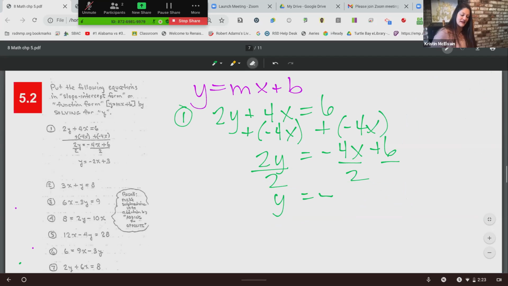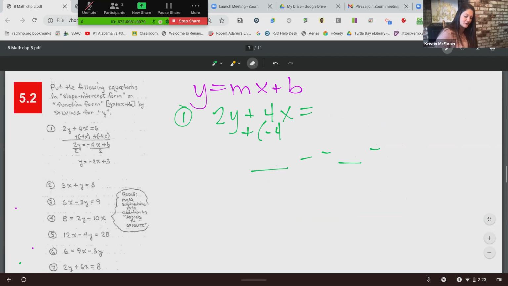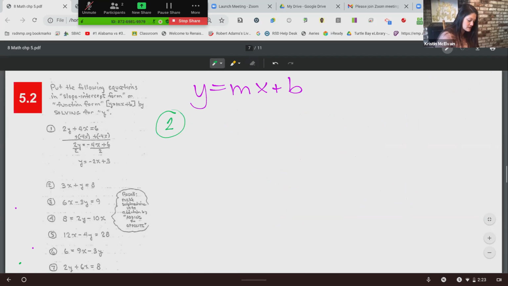And let's see if I can erase and leave my slope-intercept form. Almost, there it is. Okay, number 2. 3x plus y equals 8. Hopefully you've gotten to the point when you see a problem like this, you say, oh, so easy. I just need to move the 3x because the y does not have a coefficient. It's already by itself.